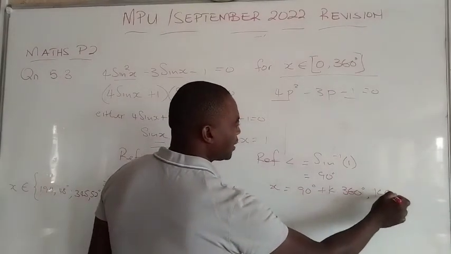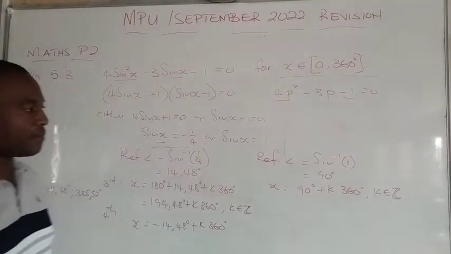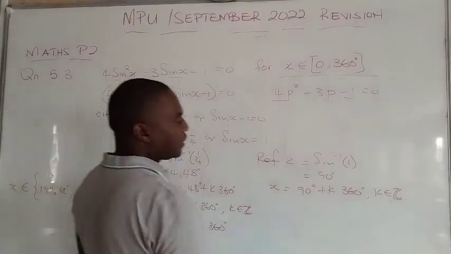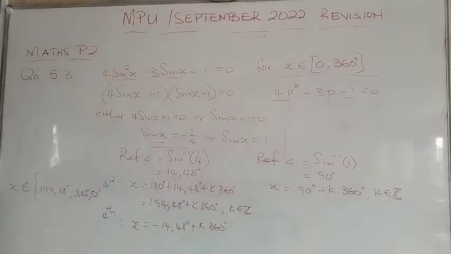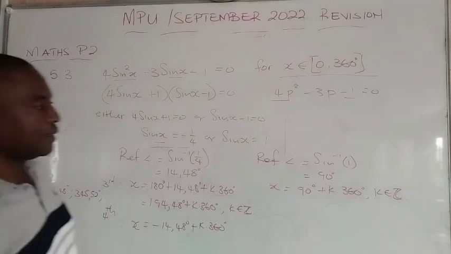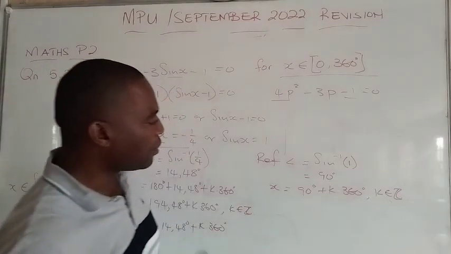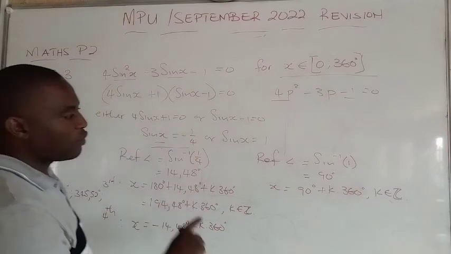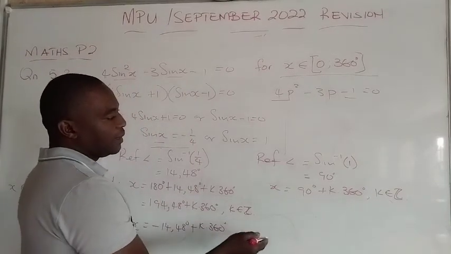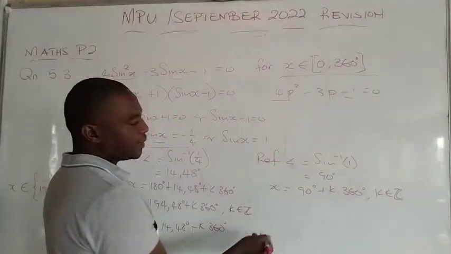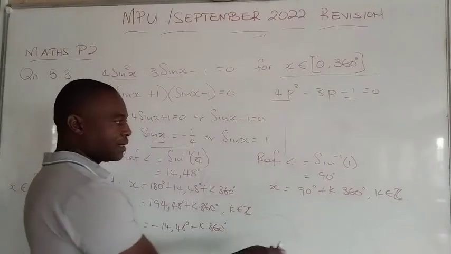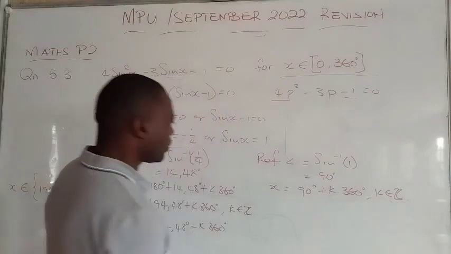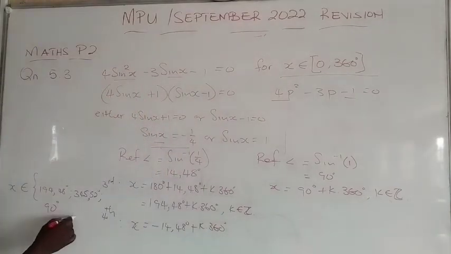Of course, where k is an element of integers. And then when k is 0, we get 90 degrees. When k is positive 1, it goes beyond. Negative 1 is negative. And then even if we go now to say in the second quadrant is 180 minus 90, it comes to the same. So basically, our answers are these three. That is how you were supposed to solve this equation.